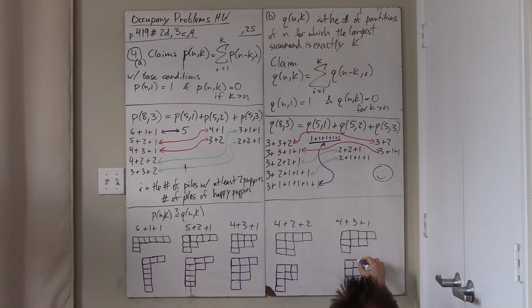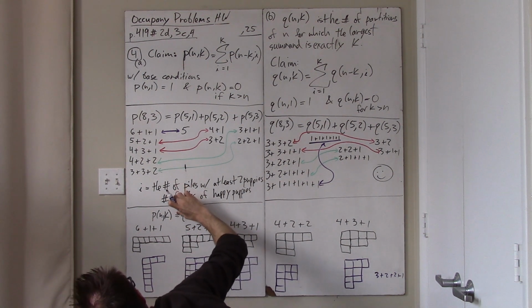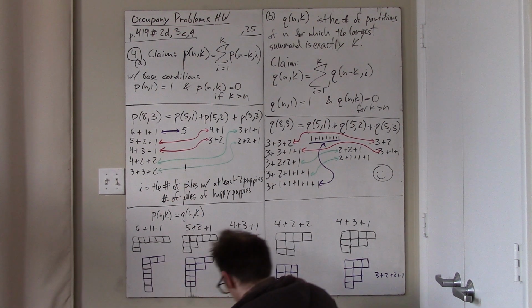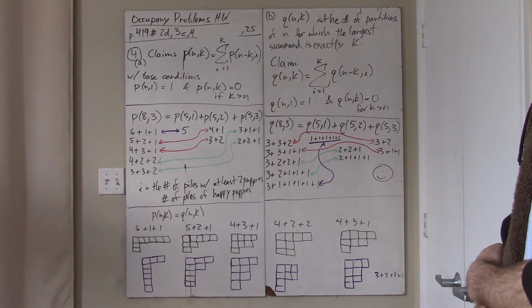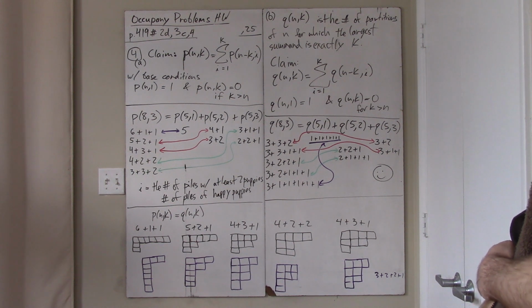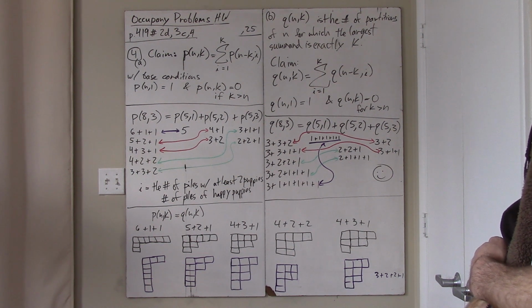So this is, for example, this was 4 plus 3 plus 1. This is 3 plus 2 plus 2 plus 1. Okay, so now I can erase this question mark, and I have now shown a direct correspondence between the P numbers and the Q numbers.